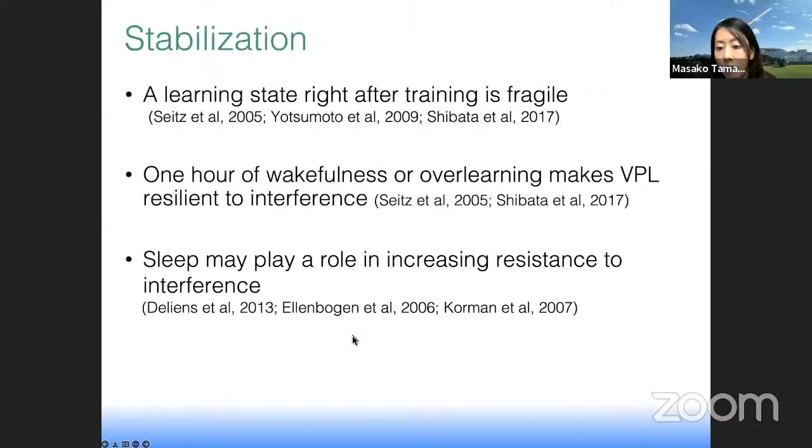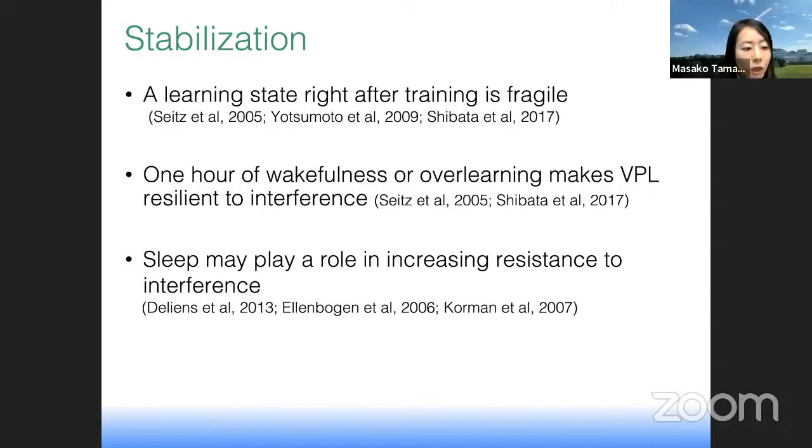And interestingly, sleep is also implicated in another process involved in stabilization of learning. As I mentioned briefly earlier, it is reported that the learning state immediately after training is fragile, so it can be disrupted by learning on another task, unless there's a certain amount of wakefulness before new learning takes place.